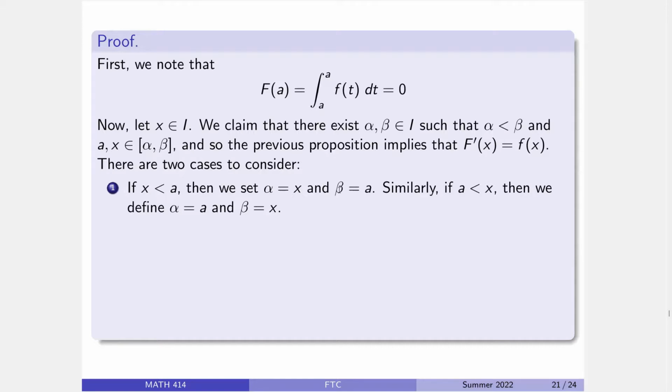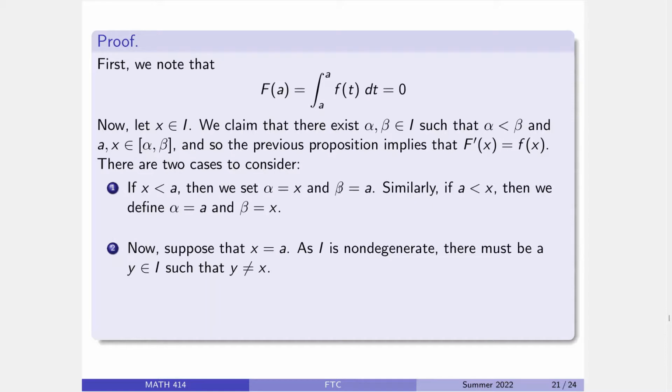Okay, so the only case that's interesting and worth discussing is what happens when x is actually equal to a. Well, then, since the interval is not degenerate, good thing we assumed that, I can find a y that's not equal to x, and thus it's not equal to a or x.